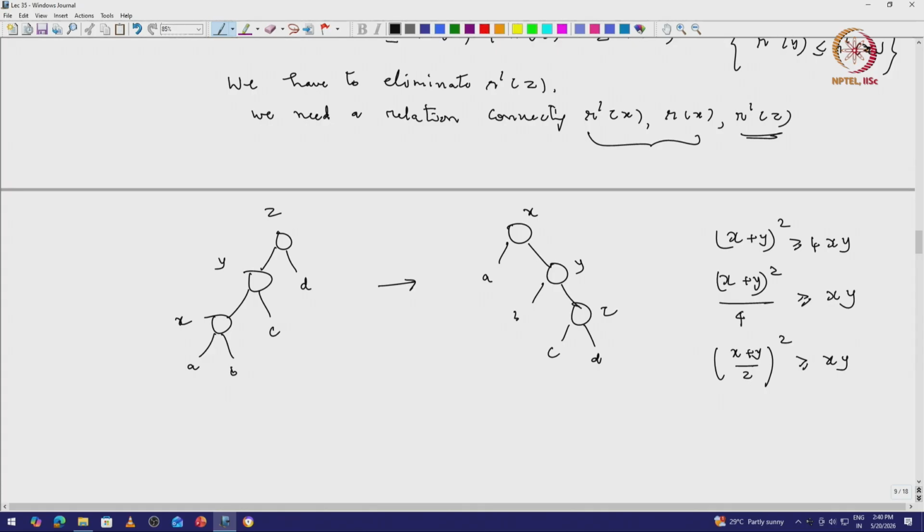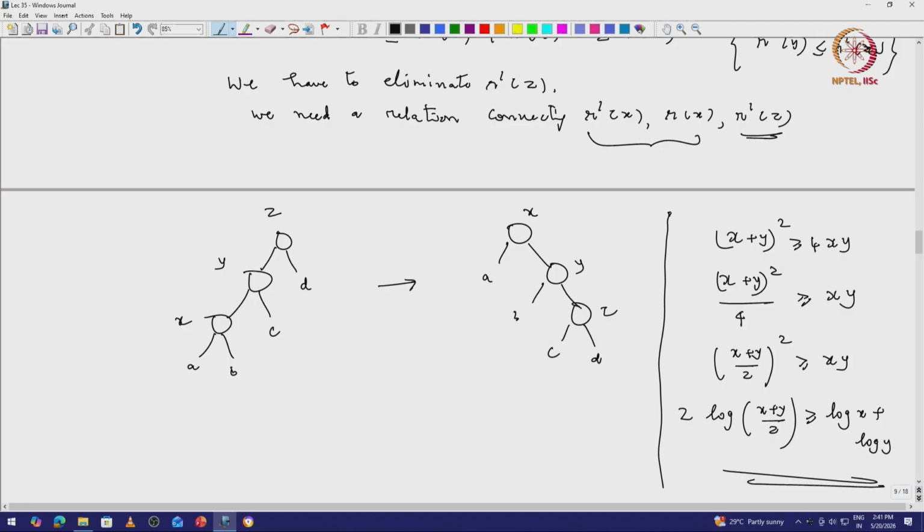Taking log, 2 log of x plus y by 2 is greater than or equal to log x plus log y. This is the important relation for any real values x and y.